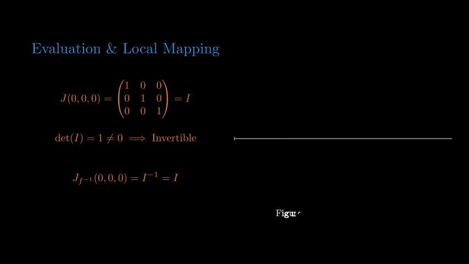And the Jacobian of that inverse mapping will simply be the inverse of our identity matrix, which is also the identity matrix. This demonstrates how the inverse function theorem uses the Jacobian determinant as a multivariable generalization of the non-zero derivative condition to guarantee local invertibility across complex high-dimensional spaces.